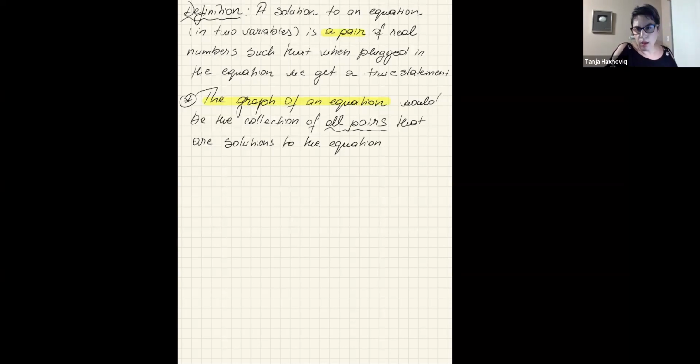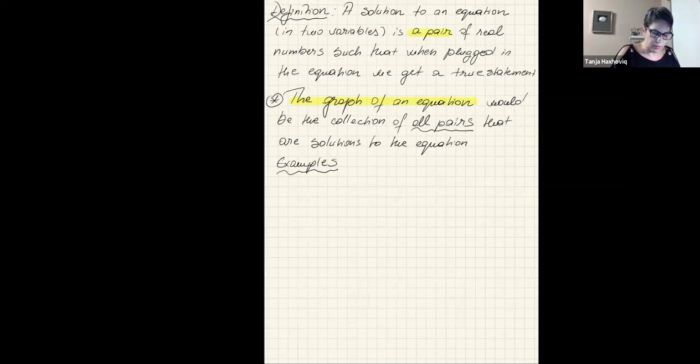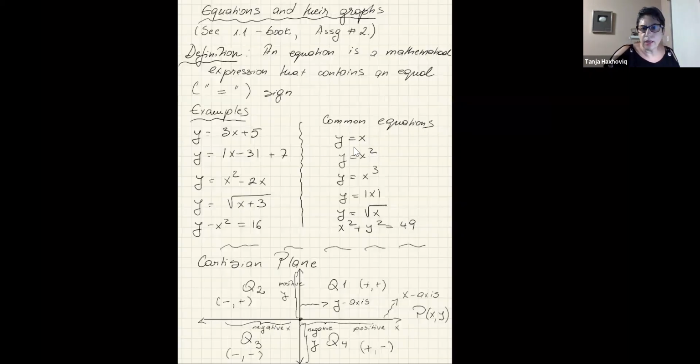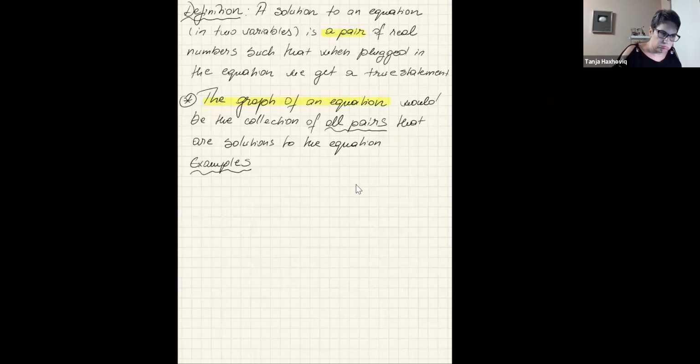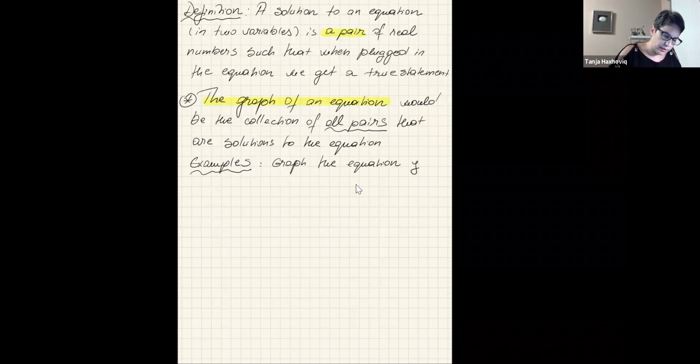Okay, so let us do some examples. I will attempt to graph these common equations that I mentioned before. Let's start with the simplest of them all: graph the equation y equals x.